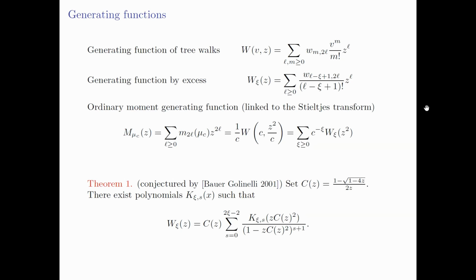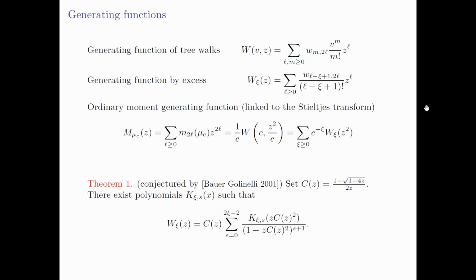Those two generating functions are linked to the ordinary moment generating function, defined like that. And here we see really why the excess is a good idea to introduce as a parameter, because it decomposes the generating function with respect to powers of c, which is what we are after, right? We want the smallest power to understand them.